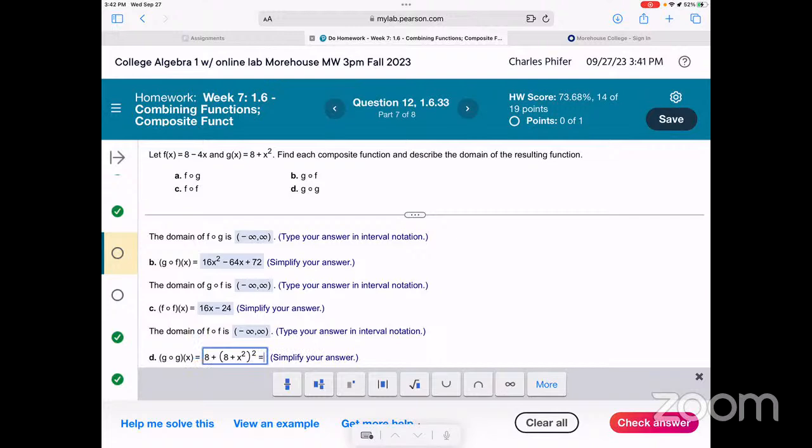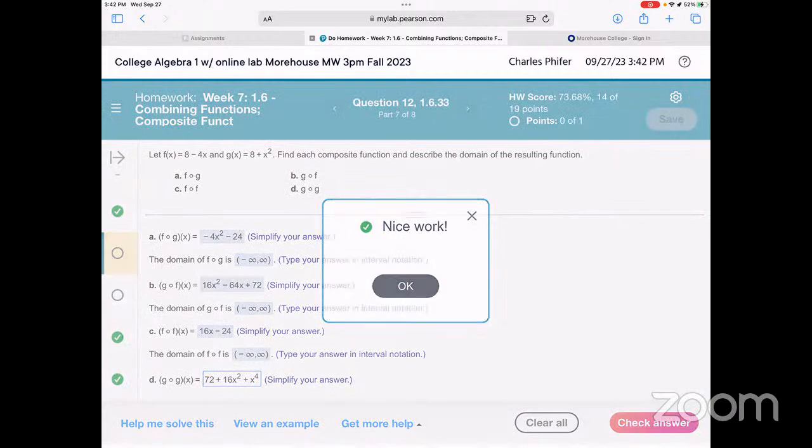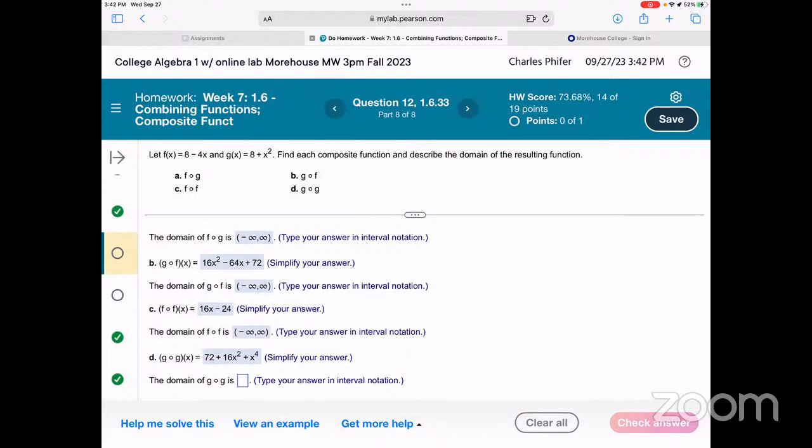If we FOIL, that's going to be 64 plus 16x squared plus x to the 4. Combining like terms, this becomes 72. I think that's the only change. Okay. And no restrictions anywhere. So the domain we're going to say is all reals.